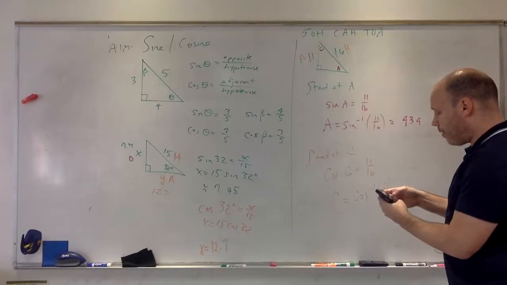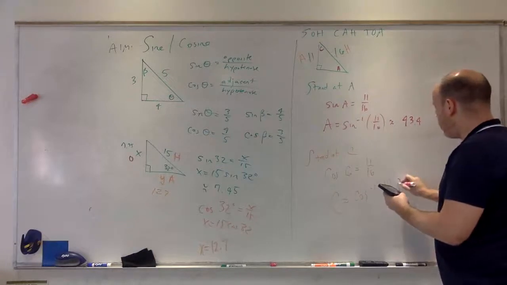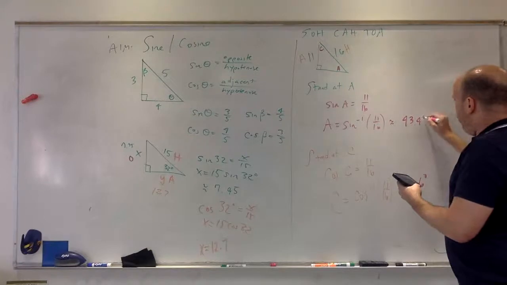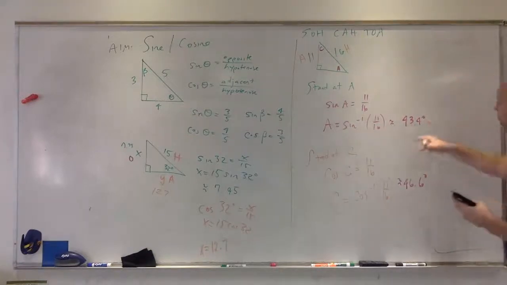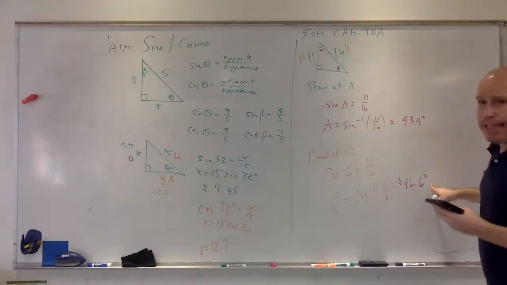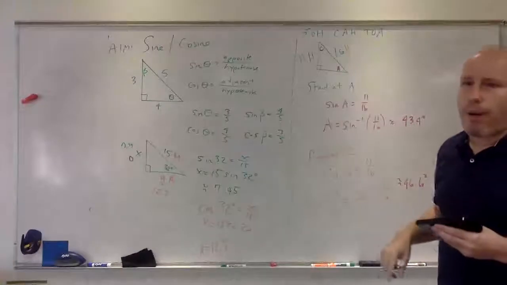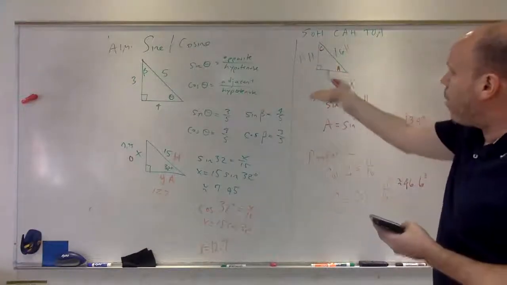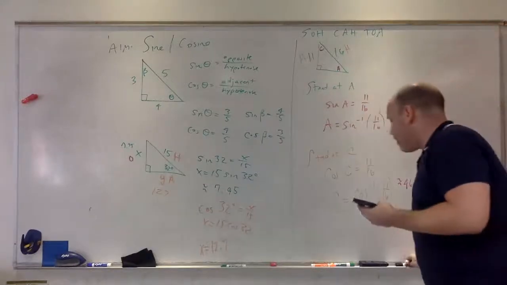Then 11 divided by 16, enter, second, inverse cosine, 46 degrees. So you might say, oh wait, these angles add up to 90? Not a coincidence. Think about why that's true. The idea is to explore sine and cosine, and that's basically it.